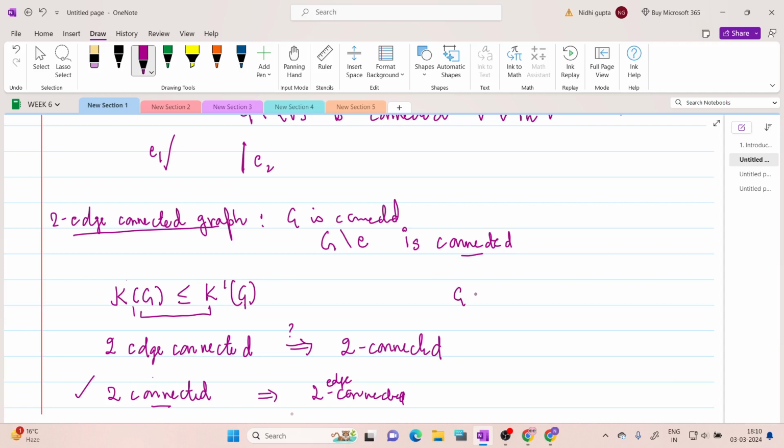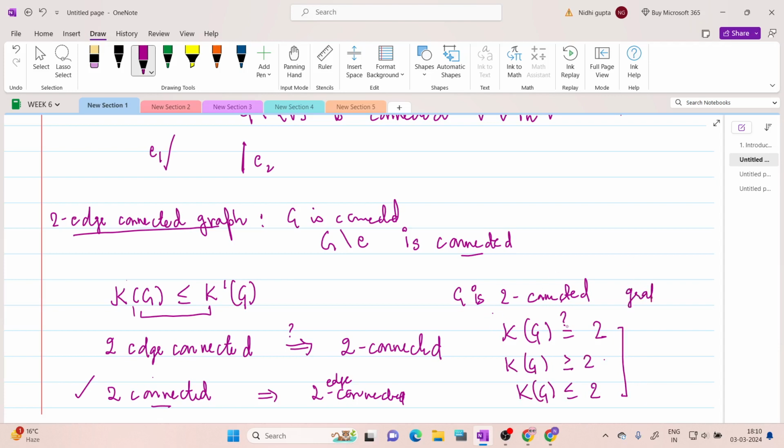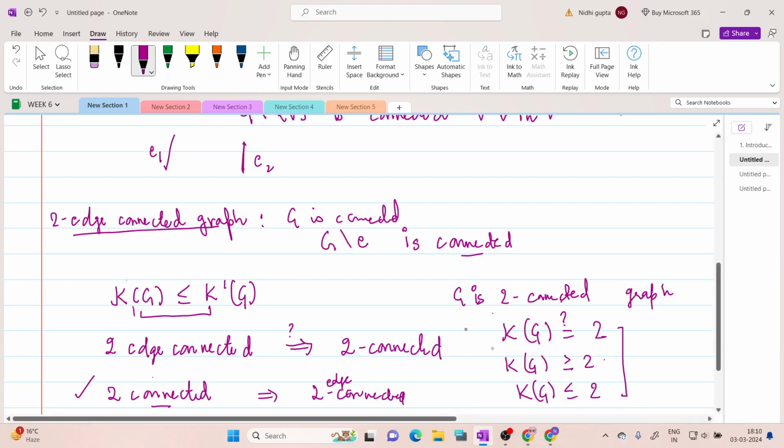If G is two connected, then using my statement, what can we say? Is κ(G) equal to 2? Is κ(G) greater than or equal to 2? Or is κ(G) less than or equal to 2? Which of these three conditions is true if G is a two connected graph?